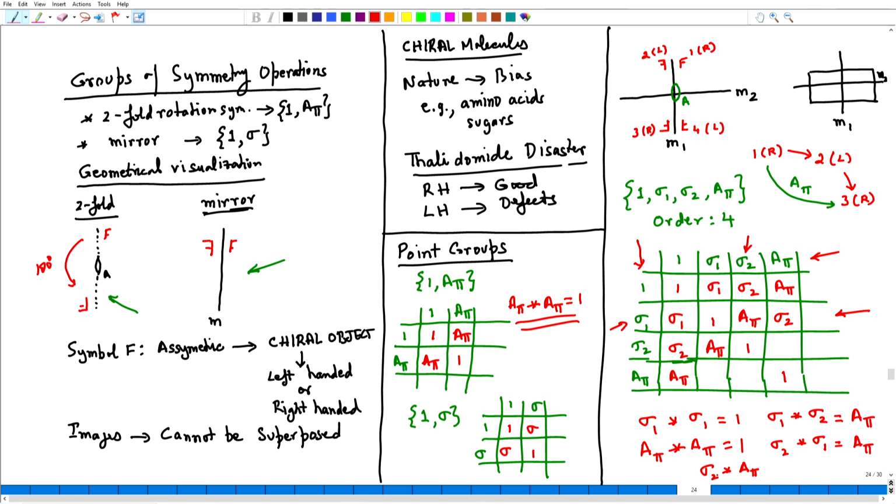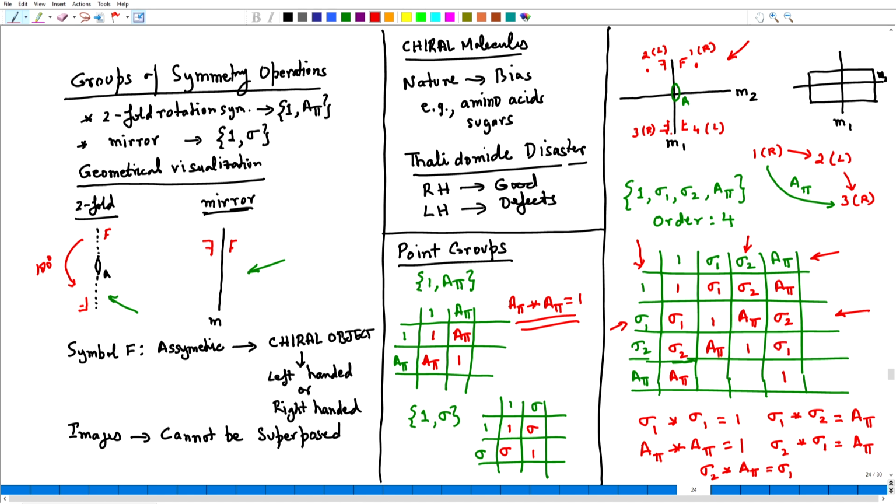Coming to this figure, the 180 degree operation will bring me from 1 to 3, then I reflect through mirror 2, sigma 2, so I come from 3 to 2. So I start from here and end here, and this is nothing but the operation of going from 1 to 2, which is sigma 1. So, A pi followed by sigma 2 is sigma 1.